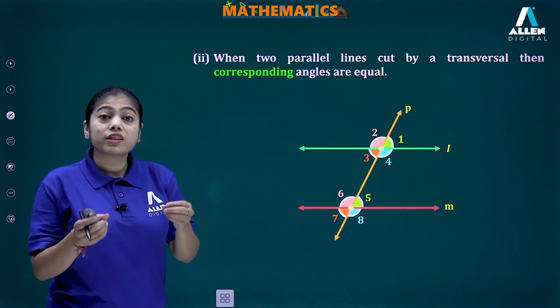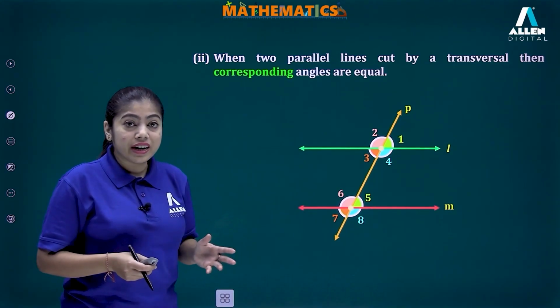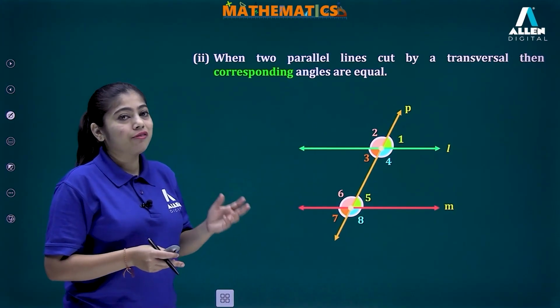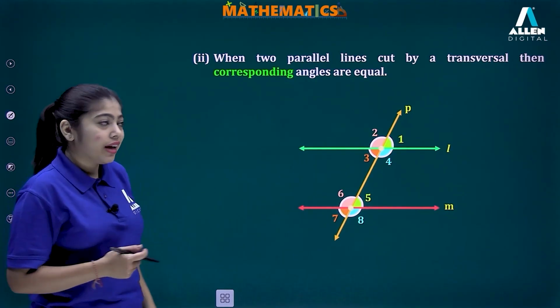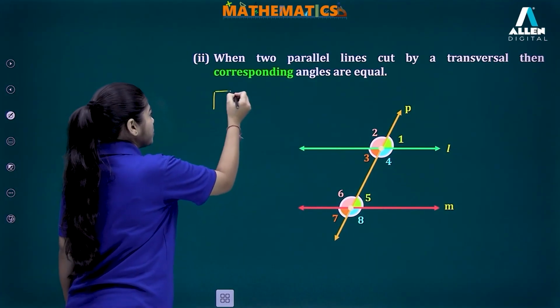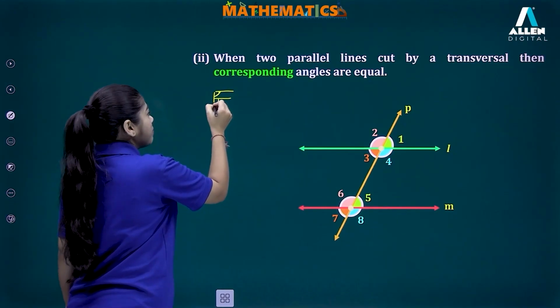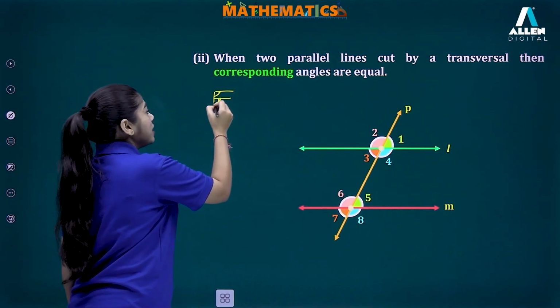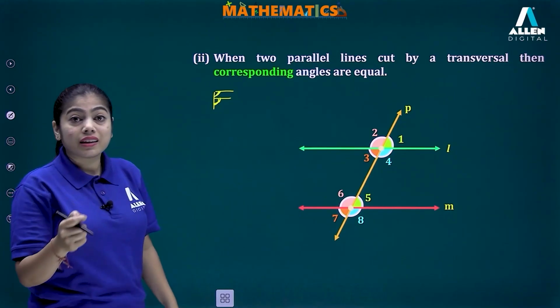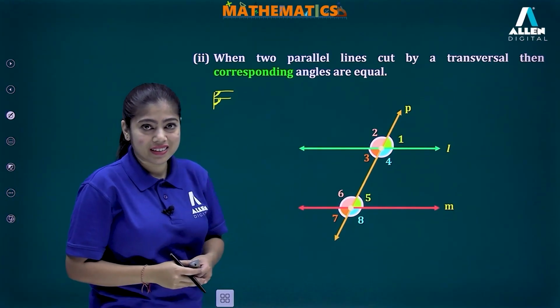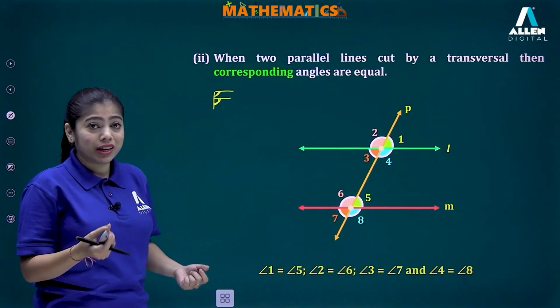There is also one trick to identify whether the angles are forming corresponding angles or not, and it is F formation. So if you see somewhere F formation class, then yes, we can say that the angles are corresponding angles. And also they are equal.